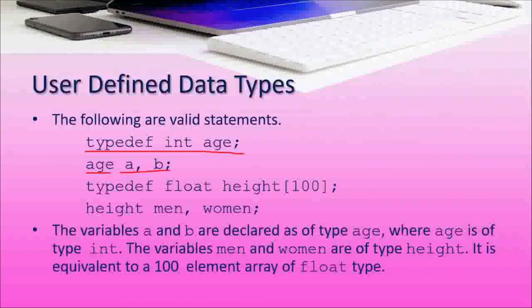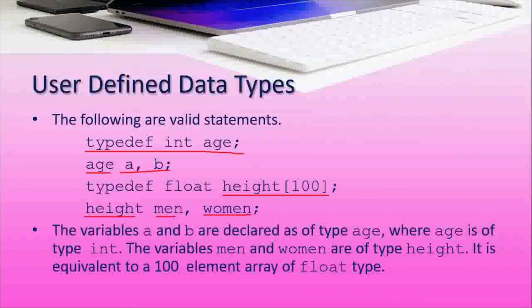If we create two variables, say men and women, of type height: height is the data type defined here, and height men, women will create two variables of type height. So the variables men and women are of type height, and height is equivalent to a 100 element array of float.